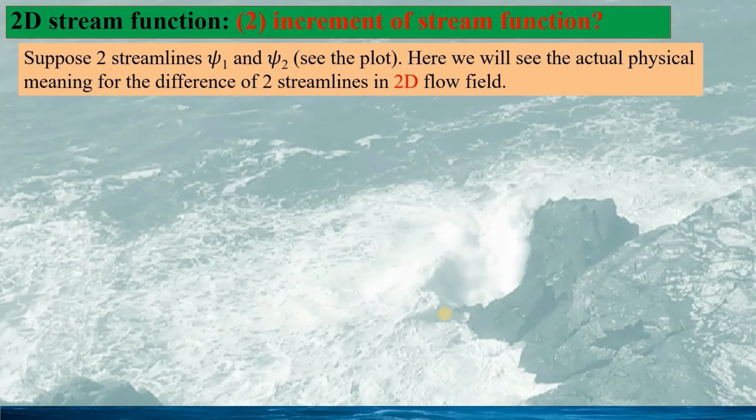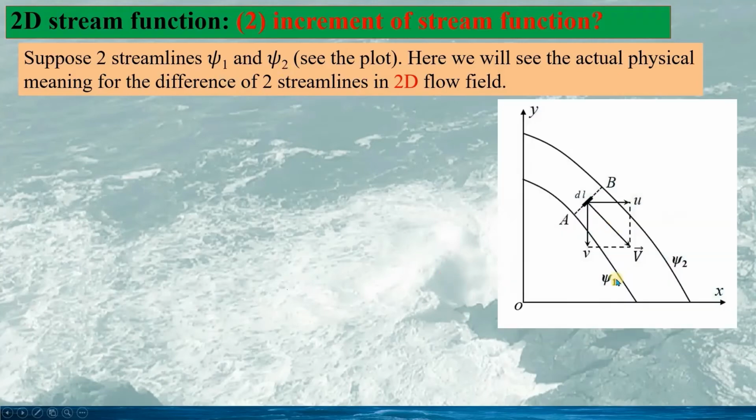In this slide, we will look at two different streamlines represented by two different stream functions, psi1 and psi2. See this plot, and then we will see what the physical meaning of the difference of these two streamlines in the 2D flow field is.